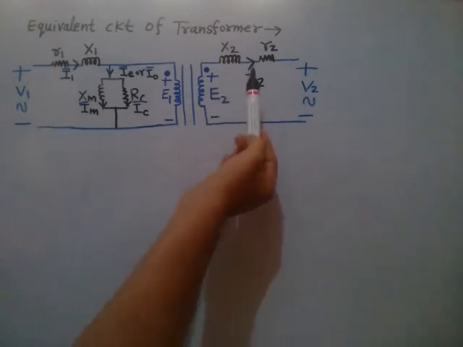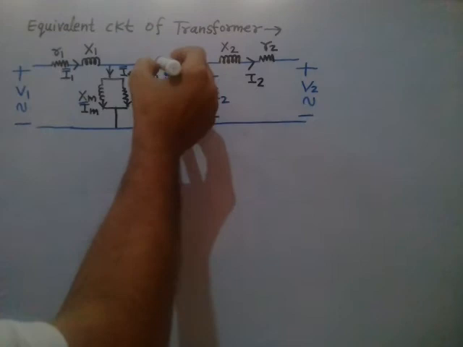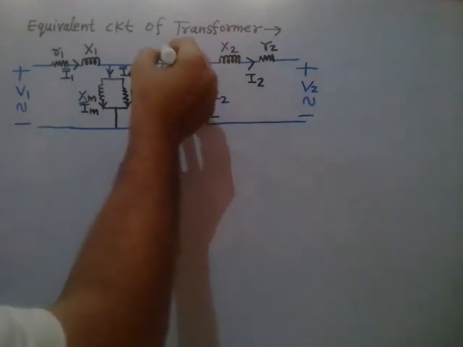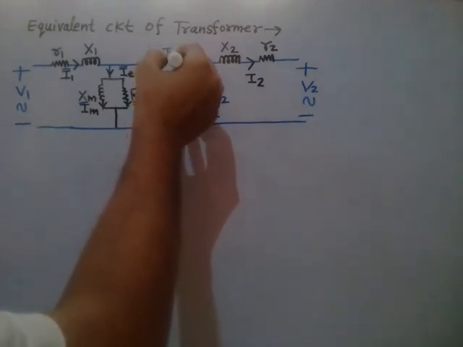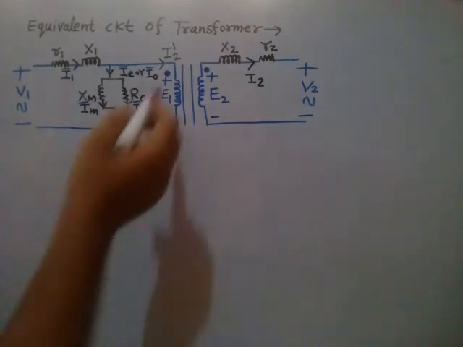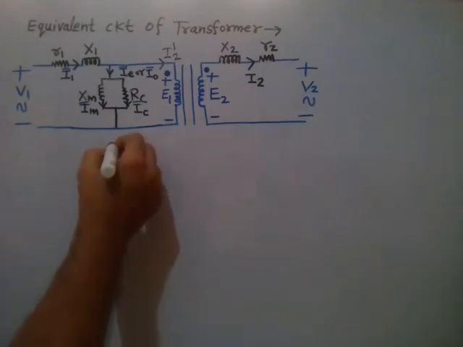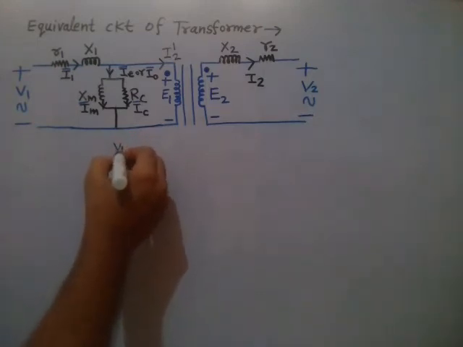So the secondary side current is I2, and here it is I2 dash. Dash means it is a referred value.